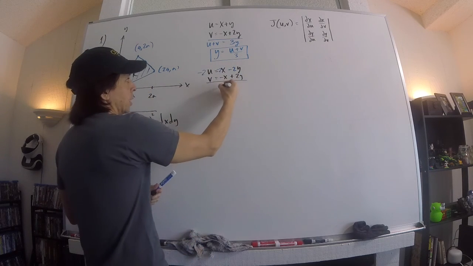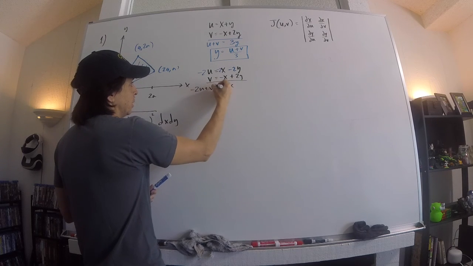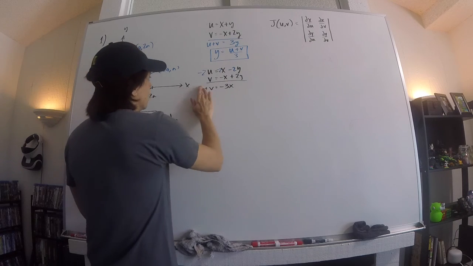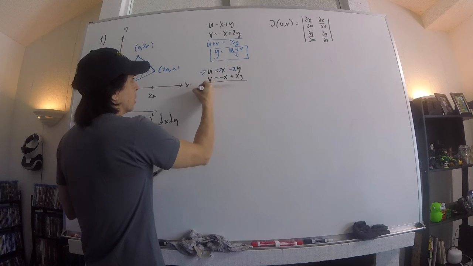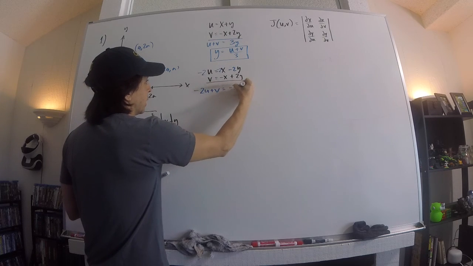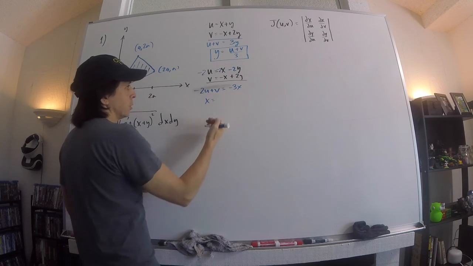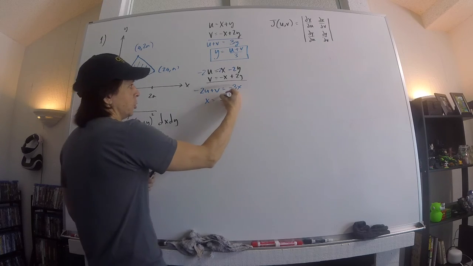The y's cancel, I get negative 3x is equal to negative 2u plus v. And I'm going to divide by negative 3. Sorry, my color scheme. I'm going to be consistent. So I'm going to get negative 2u plus v is equal to negative 3x. And then I divide by negative 3, and I'll get x is equal to, it'll change the signs and have a 3 in the bottom. So it'll be 2u minus v.